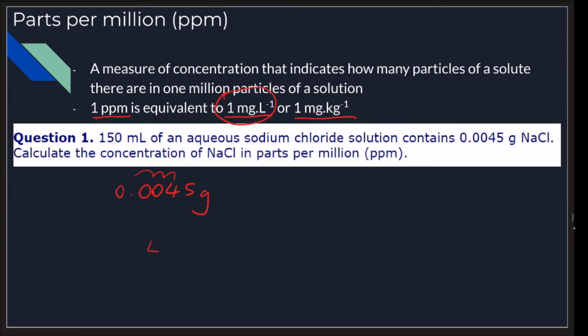So we're going to end up with 4.5 milligrams, and that's going to be over our volume, which was 150 mL, so we move the decimal place there, and we end up with 0.15 liters. And so our final answer will be 30 milligrams per liter, which is equivalent to 30 parts per million.